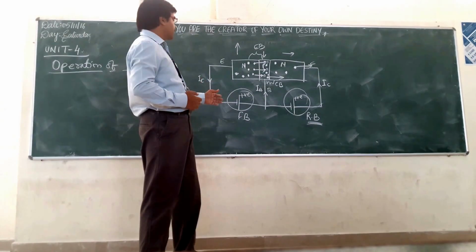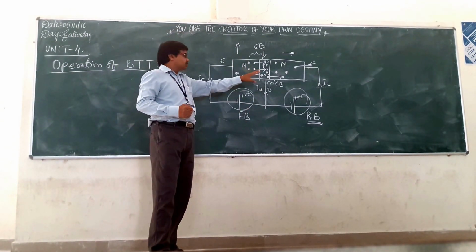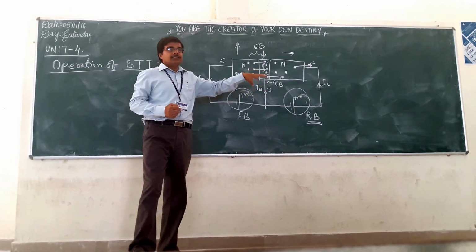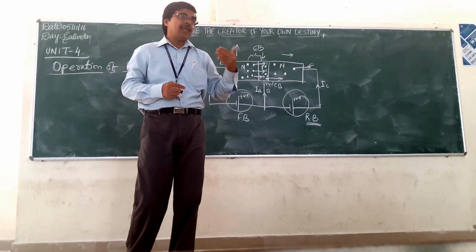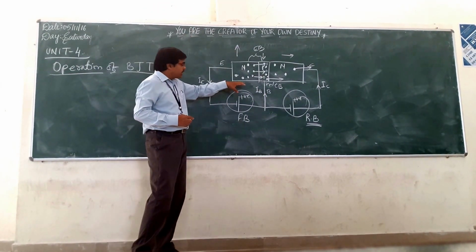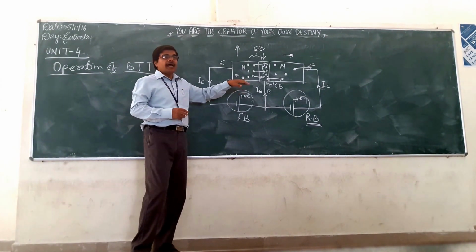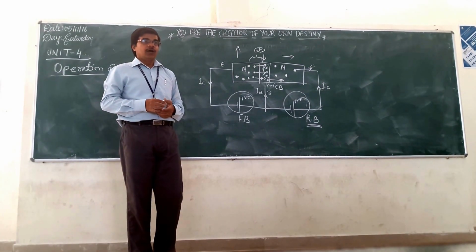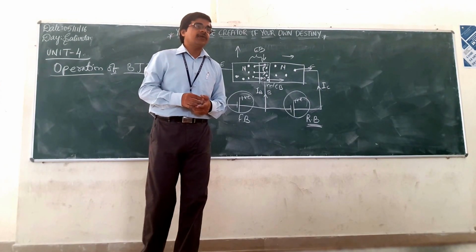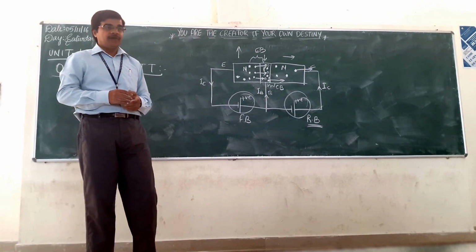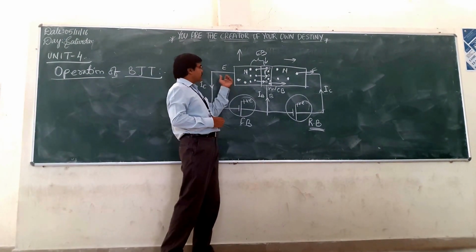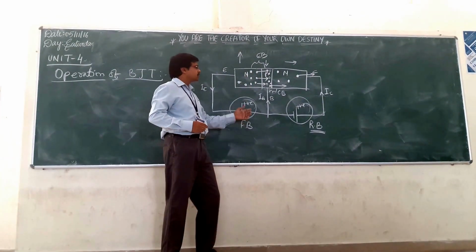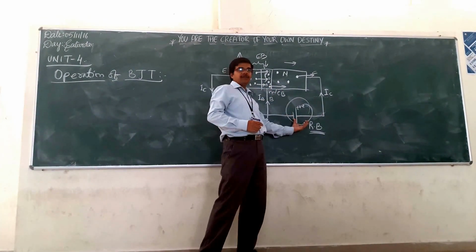And if we are making the connection in this way, this is called the active mode of operation. In active mode of operation, we can use this transistor as an amplifier. So one application of the transistor is that we can use the transistor as an amplifier. And if we want the transistor to work as an amplifier, we have to make the emitter base junction forward bias and collector base junction reverse bias.